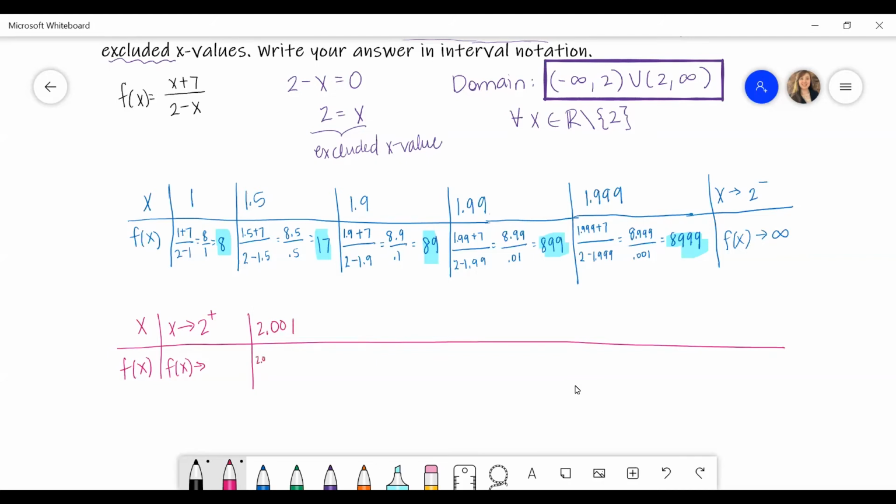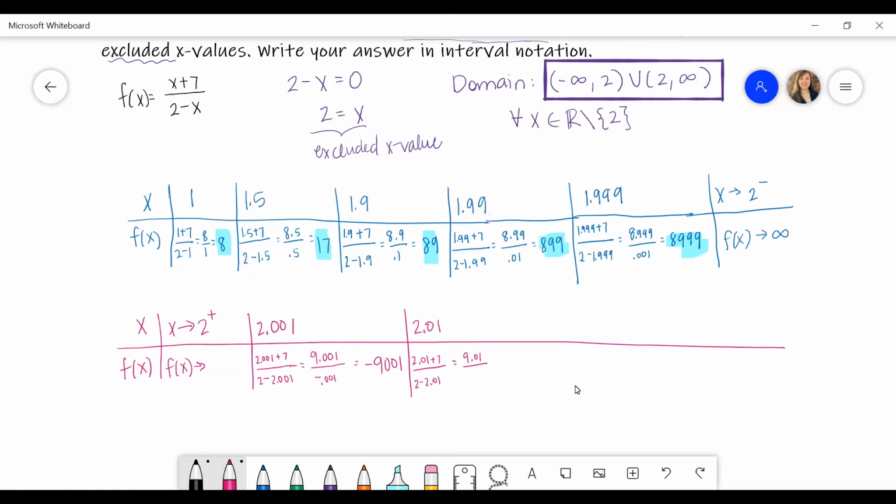So 2.001 plus 7 divided by 2 minus 2.001. So that's 9.001 divided by negative 0.001, gives us negative 9,001.